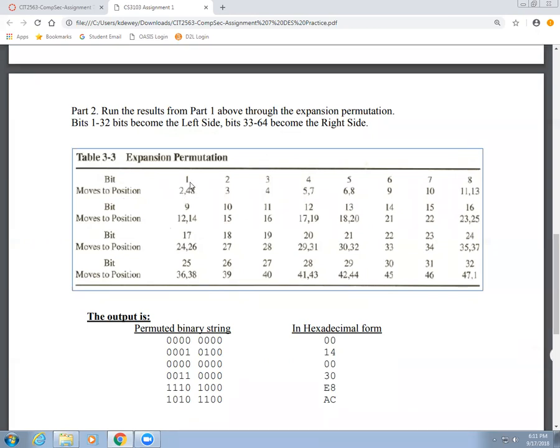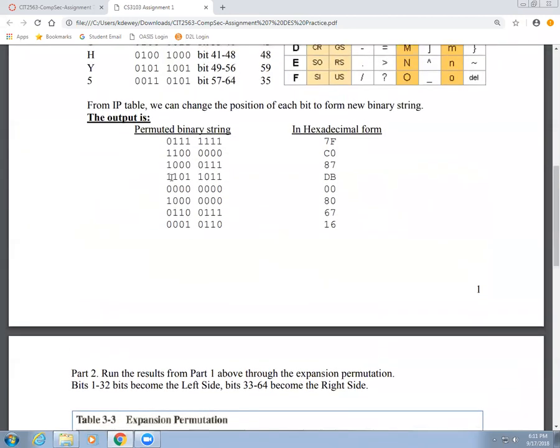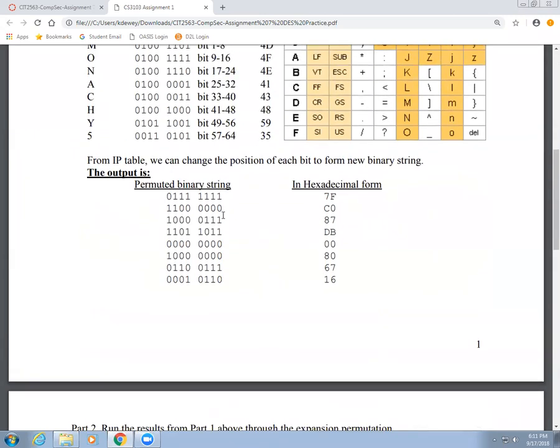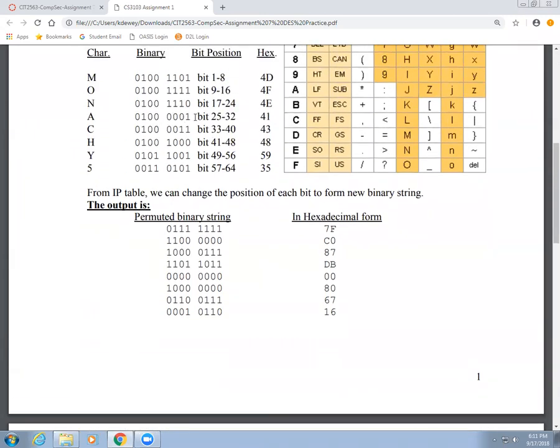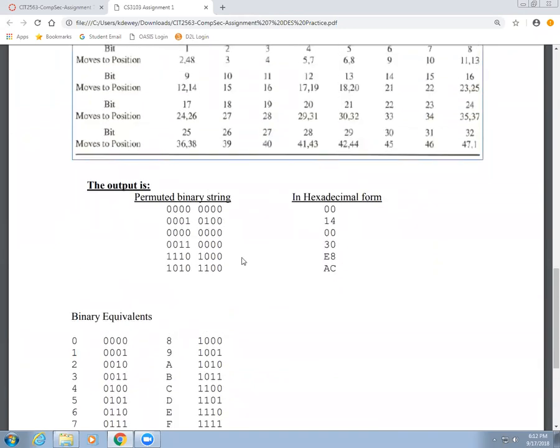Remember, up here, we have all of them, and the 32 ends there. So this is the end of 32, that's the 4th row. You're only going to be working with these 4 rows here. You're not going to do anything with the rest initially. That's what you do, and you get the output.